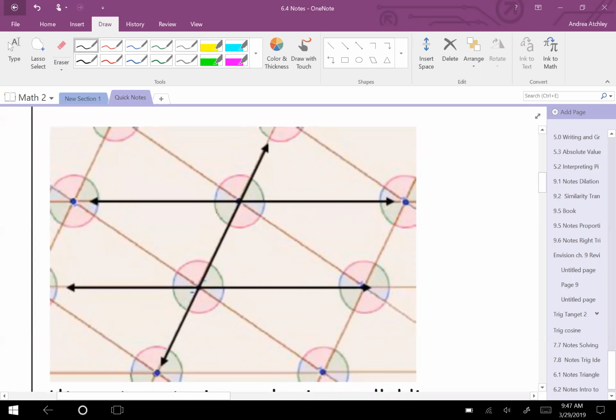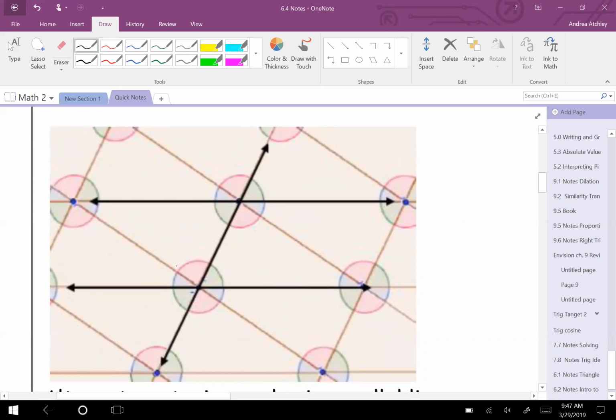You can see we color coordinated our angles to show that they are congruent. So this big angle here is congruent to this big angle. The green angle is congruent to the green angle. Over here, same thing. This angle is congruent to this angle, and this angle is congruent to this angle. But that also means that this angle and this angle are congruent because they're the same angle when we rotated it.